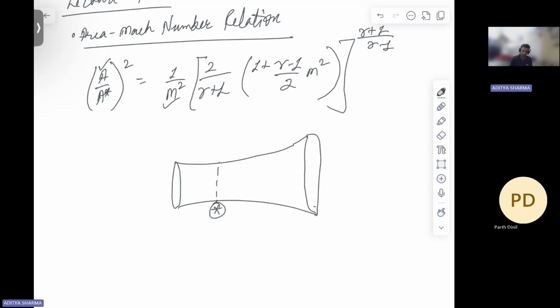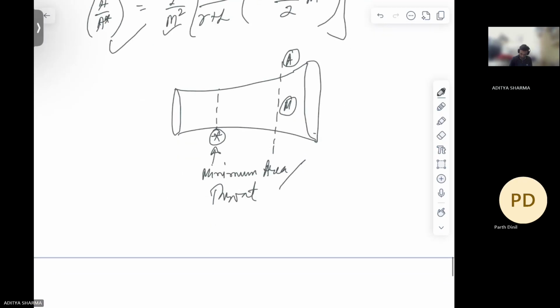Your area and Mach number: let's say I'm taking this place. It has area A, it has Mach M. So how are they going to be related? So this is the relation. A star is the minimum area, right? Minimum area or throat, you say.